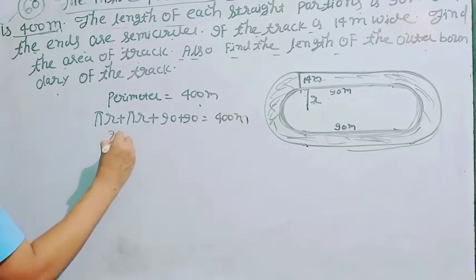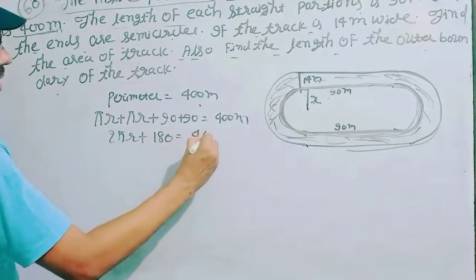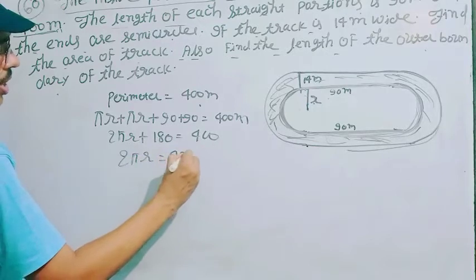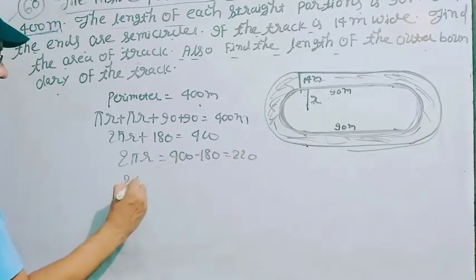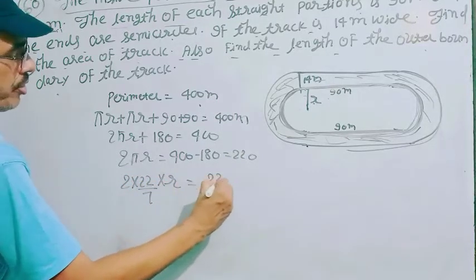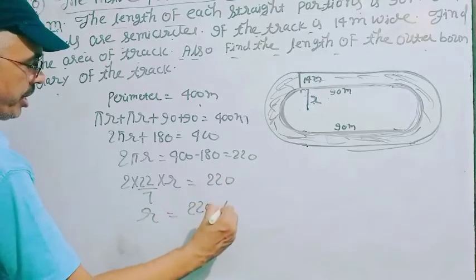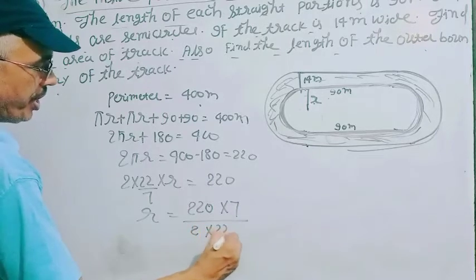Now it is 2 pi r plus 180 equals 400. Then 2 pi r is 400 minus 180, that is 220. You write 2 into 22 by 7 into r is equal to 220. Then r is 220 into 7 by 2 into 22.